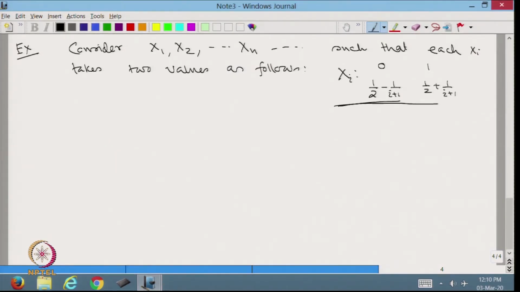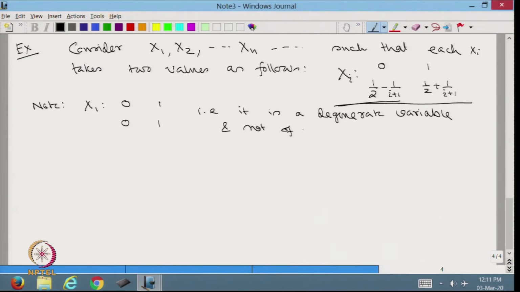So, this is the probability mass function for x i. Note x 1 therefore takes value 0 with probability 0 and 1 with probability 1. That is, it is a degenerate variable, and not of any interest for the long run.